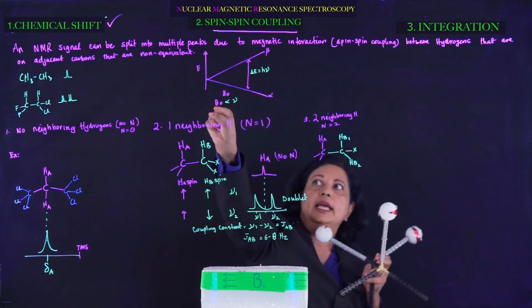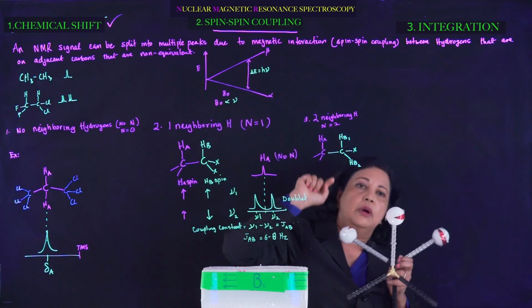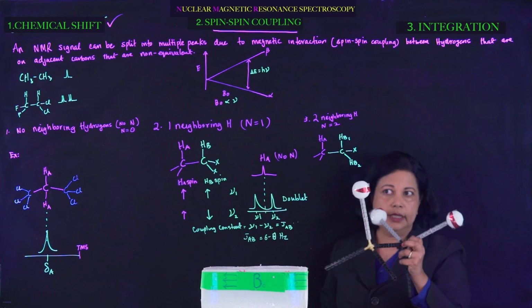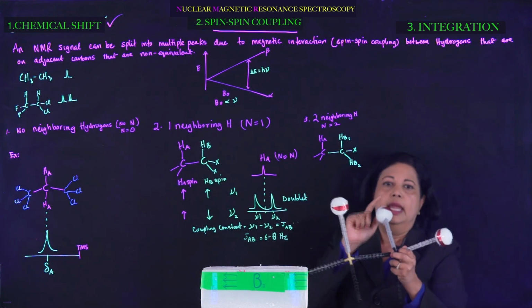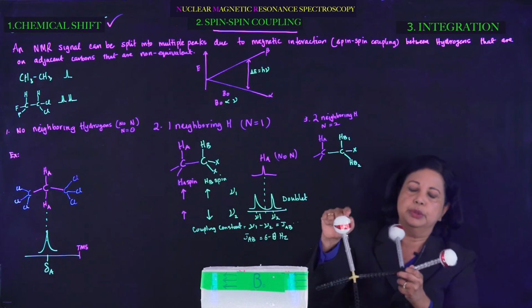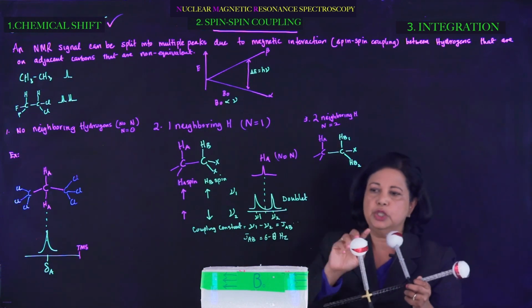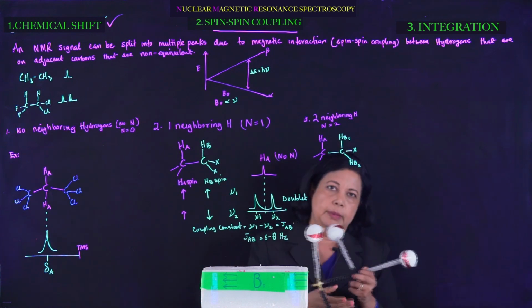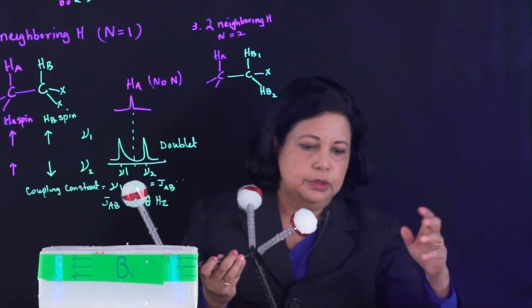So here, when you enhance the field, then your frequency also increases. So this is one scenario where you have HA, HB1 and 2 all being in the same direction and in the direction of the magnetic field. So let's draw that out.